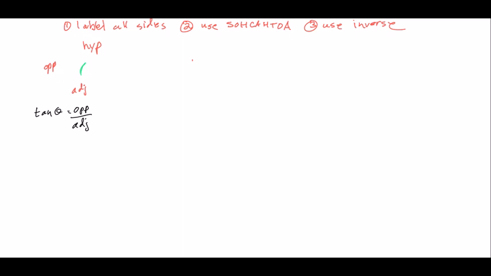Doing appropriate substitutions, we get the following. And now we solve for A using tan inverse. So, in order to do this calculation, we're going to call this word here the tan inverse.